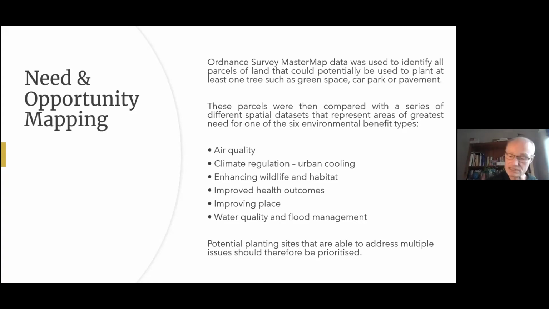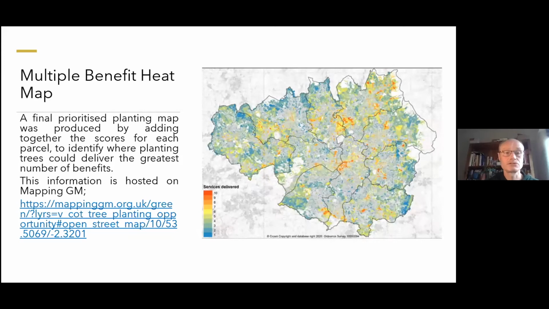So all these data layers were brought together, and that was then used to create what we call a multiple benefit heat map. So the red areas are where tree planting could address multiple needs, and hence those will become our priority locations for tree planting.